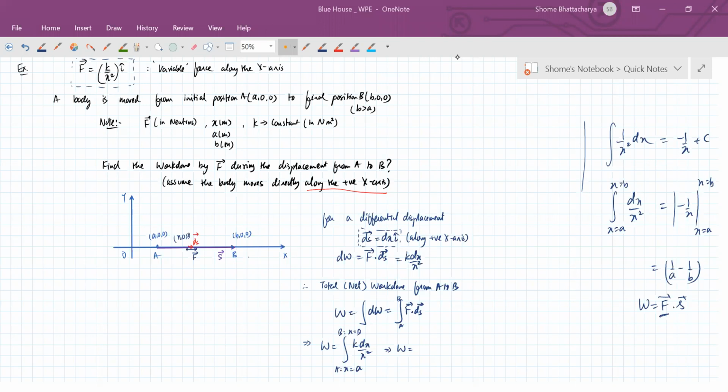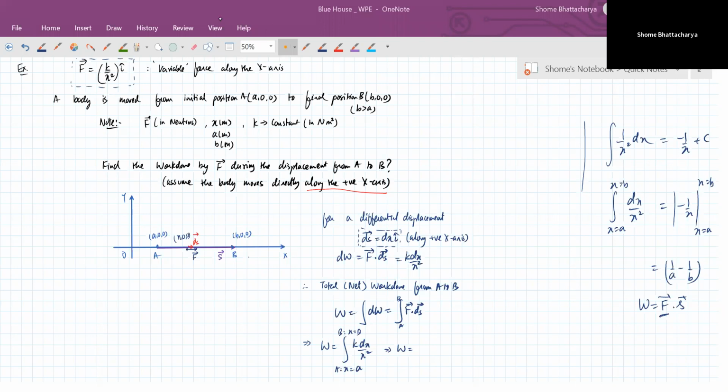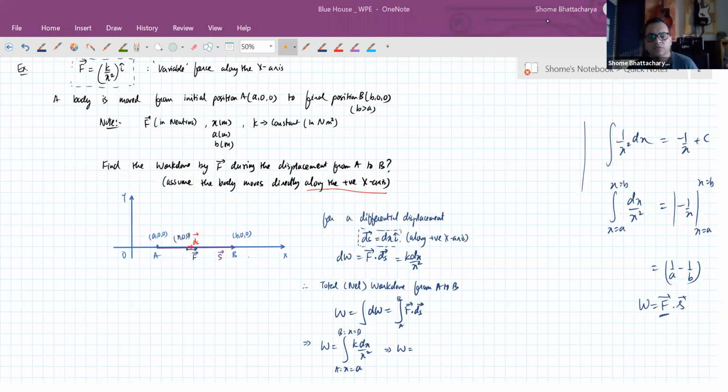Yes, that's correct, Samar. Okay, so all of you understood the question. All we have done is apply the definition of work done. Now, what was the general definition of work done?